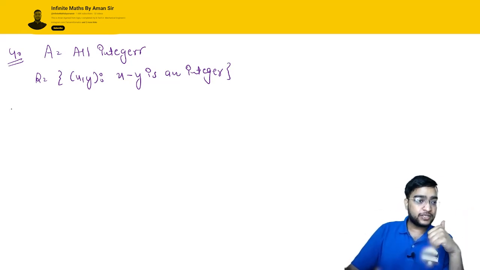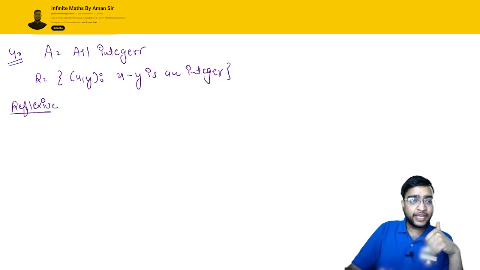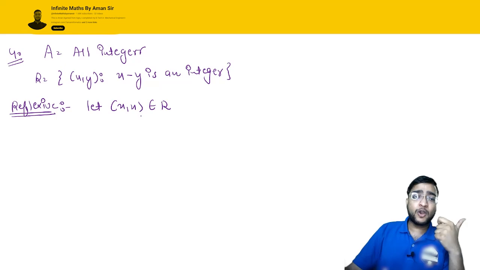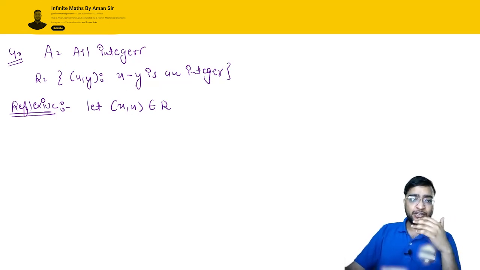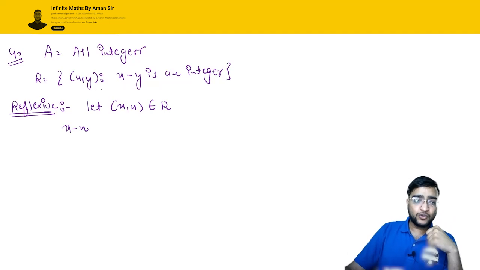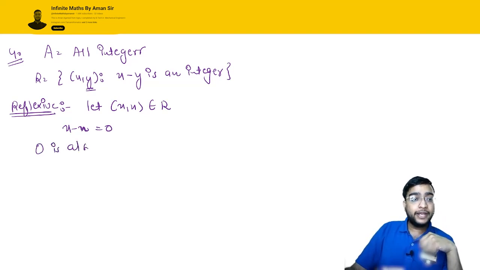So let's take the reflexive one here. For the reflexive one, very simple: you can just take the identity pair, that is x comma x, and let it belong to R. If this belongs to R, then with the condition you try to find x minus x, because you just replace y with x. x minus x is 0, and 0 is also an integer here.